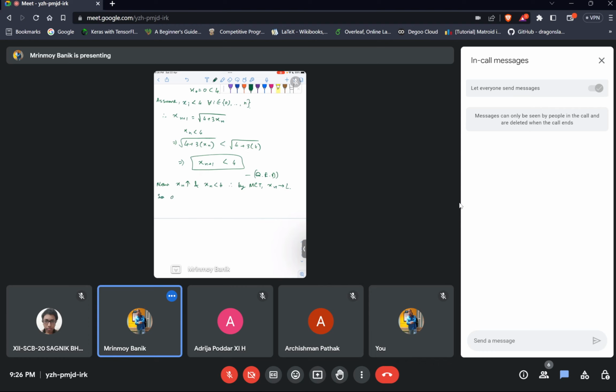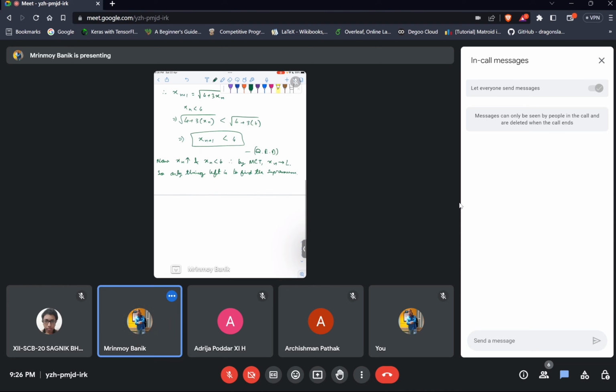So the only thing left is to find the supremum. What is the supremum? The supremum is the smallest upper bound. So let L be the supremum.